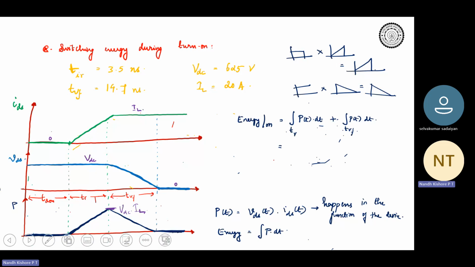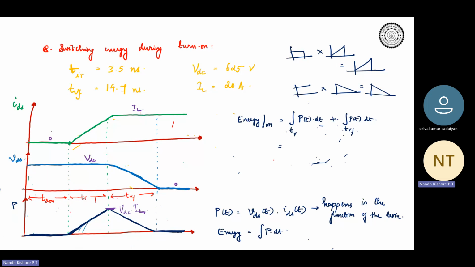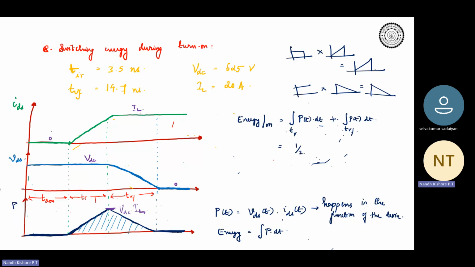So P of T is basically V into I, right? Integration is basically area under this curve, correct? So instead of integrating this directly, we can find out the area. The area is going to be half into VDC into IL into base.